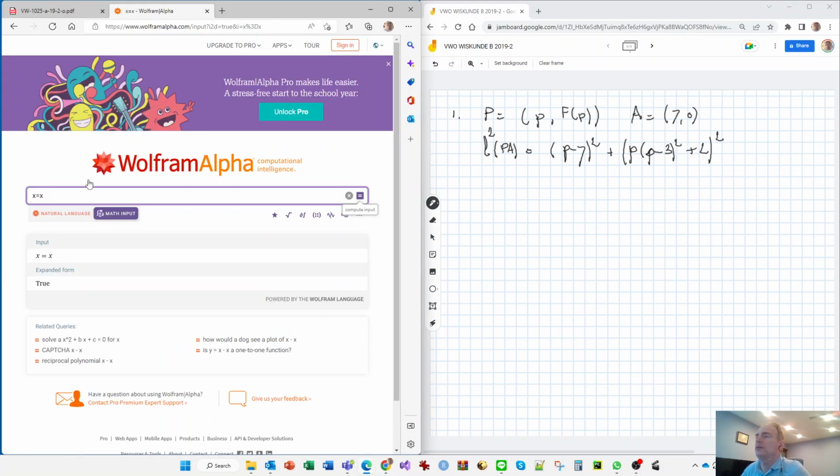Again, I will be using Wolfram Alpha. I just ask it to look at that function. (x minus 7) squared plus ((x minus 3) squared plus 2) squared.